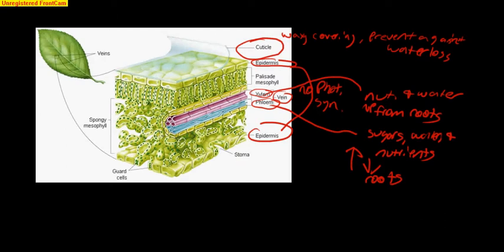Now you also have a structure here, this outer protective structure holding the vein in. It's called the sclerenchyma. It's just pronounced weird. I'll go ahead and write that up. Sclerenchyma.